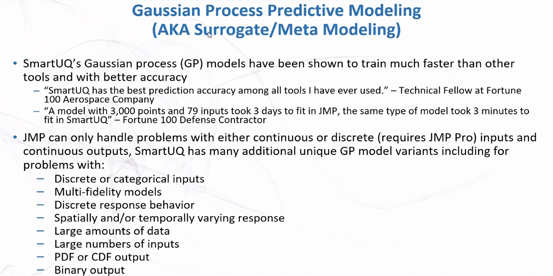Whereas SmartUQ has a lot of additional unique Gaussian process modeling variants we've developed that let us handle, with the benefits of Gaussian process models, problems where there is discontinuity, for example, in the response behavior, discrete response behavior, outputs that are spatially or time varying, outputs that are maybe binary in nature. So rather than the output being a numerical value, it might be a pass-fail value, for instance.